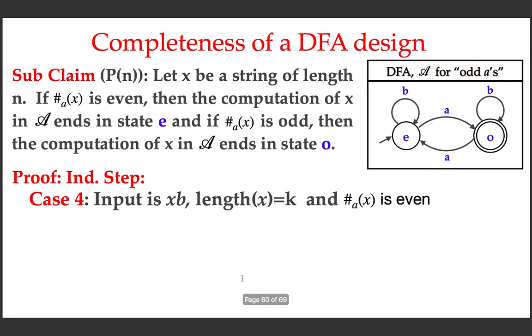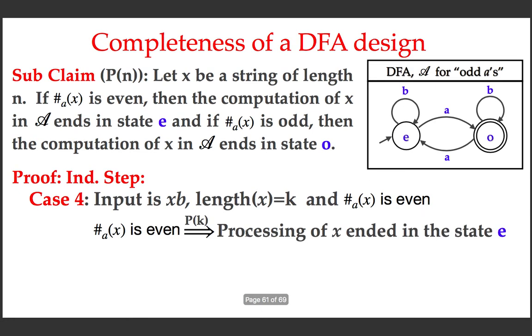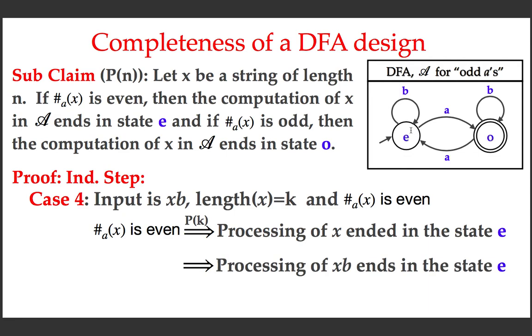And the last case is what you are processing is XB such that the length of X is k and the number of A's in X is even. The number of A's in X is even, by induction hypothesis, implies you finished processing of X in the state E. So you are in E when you finished processing X. So after X you are processing a B. So where will you go from E? B is taking you back to E. So you are in E itself, so you are done.